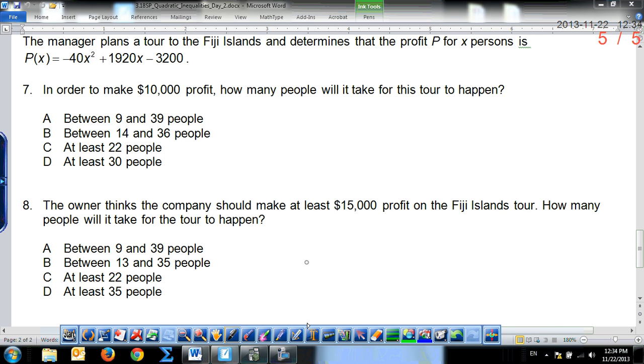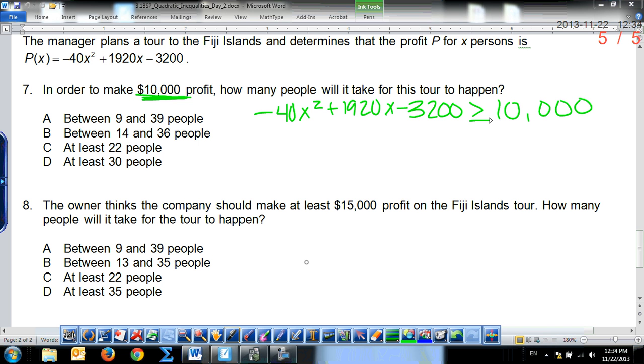All right, so we're taking a trip to Fiji. The manager of a travel company plans a trip to Fiji, and he wants to make profit using this equation. Now, he wants to make $10,000 in profit. So that means that I want this value, this negative 40x squared plus 1920x minus 3200 to be greater than 10,000.